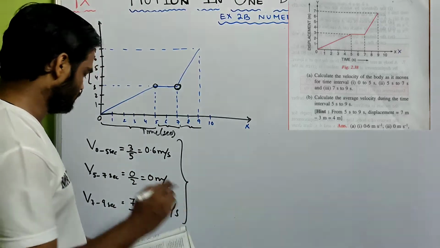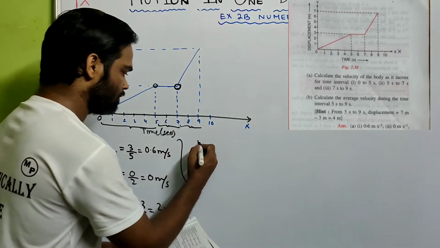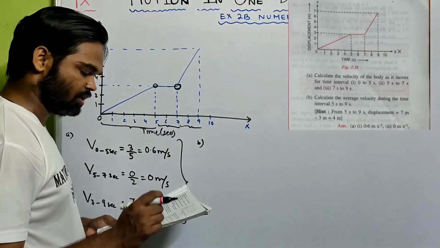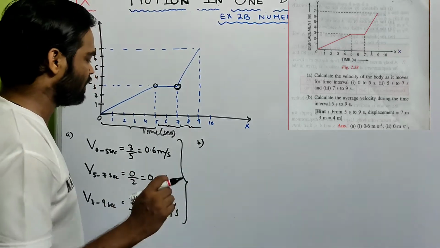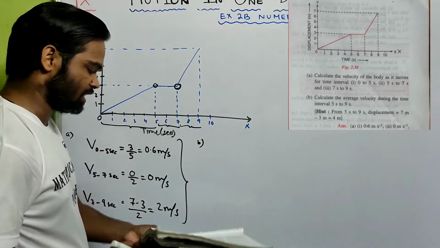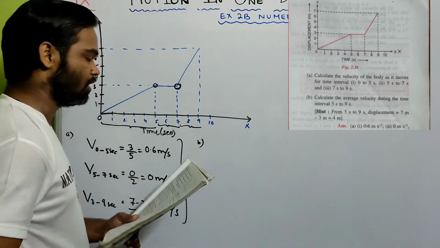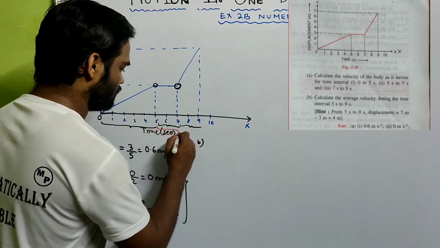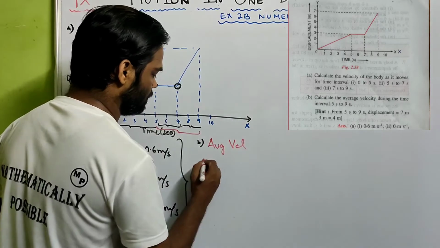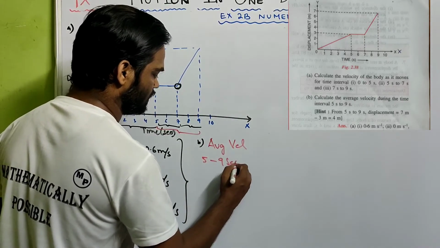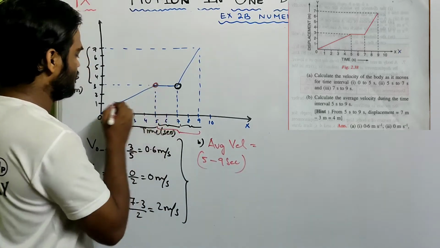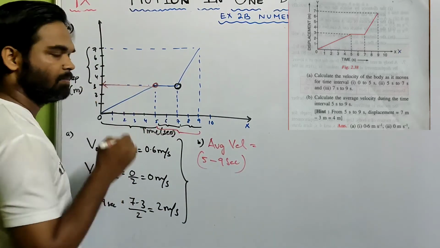Calculate. Number A was this. Number B. Calculate the average velocity during the time interval 5 to 9 seconds. Now from 5 to 9 seconds, they have asked for average velocity from here to here. Now at 5 seconds the body was at 3 meter.